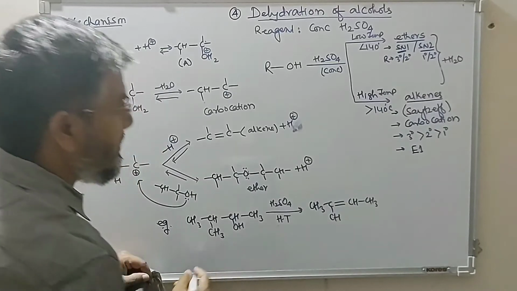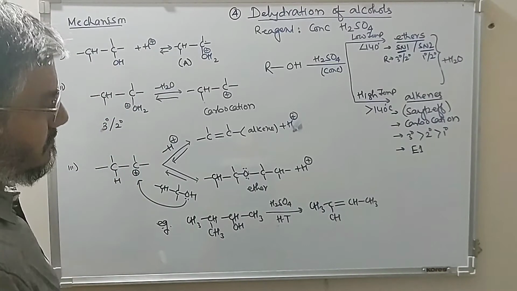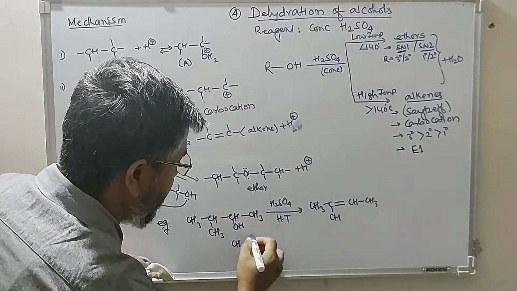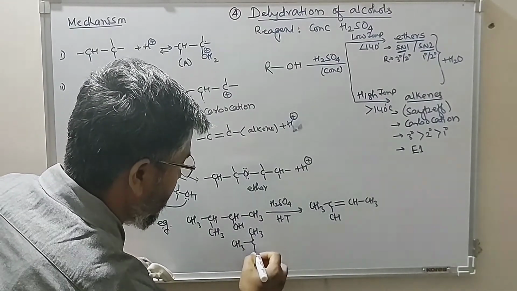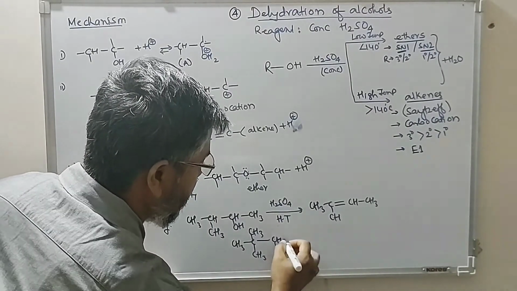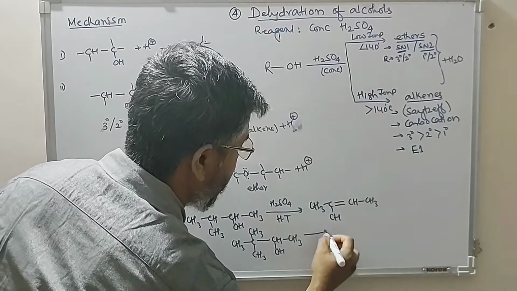Now if we have this, take this CH3, C, CH3, CH3, CHOH, CH3.